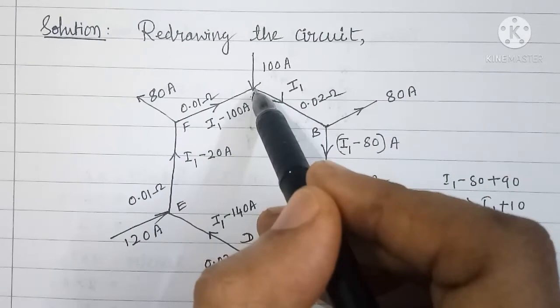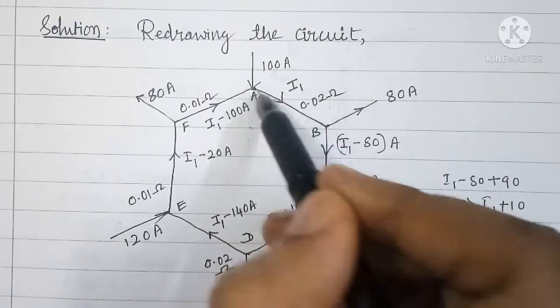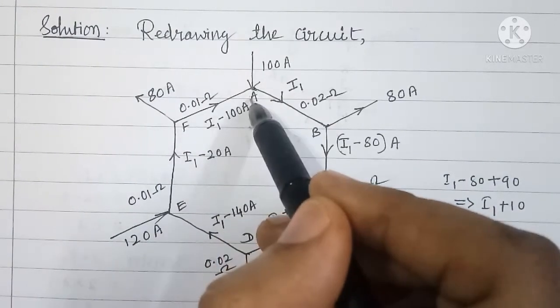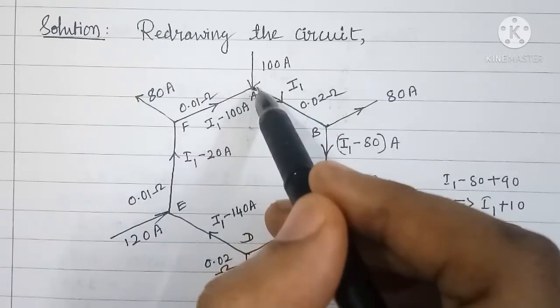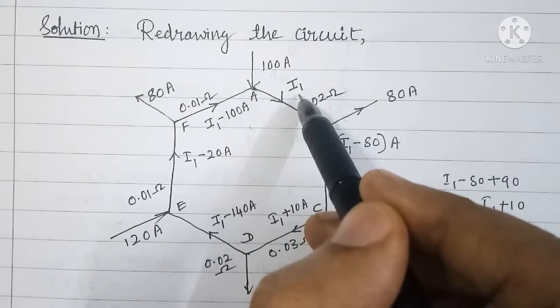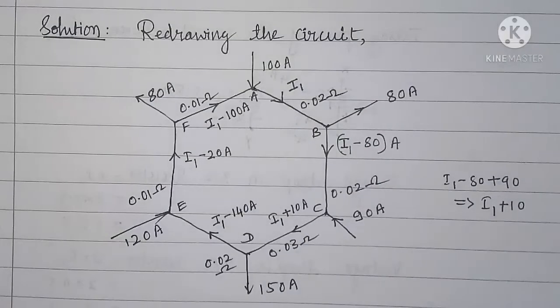So at node A, if we again apply KCL, in branch AB I should get I1 current. I1 minus 100 is incoming current, 100 ampere is incoming current, so I1 minus 100 plus 100 will become I1. Now we will apply KVL to this mesh. There is no voltage source in this mesh, so the voltage rise is 0.